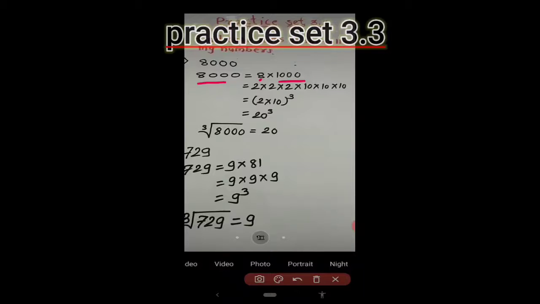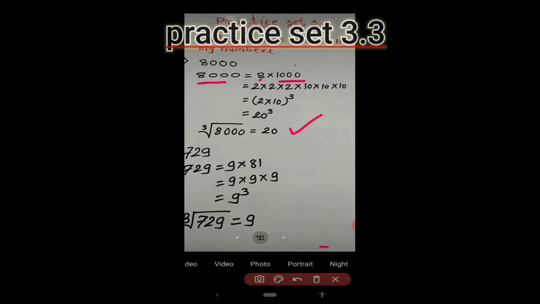Means 2 into 2 into 2 is the cube of 2, and 10 into 10 into 10 is the cube of 10. Means 2 into 10, 20, cube of 20. So the cube root of 8000 is equal to 20. Okay. Now the second example is 729.